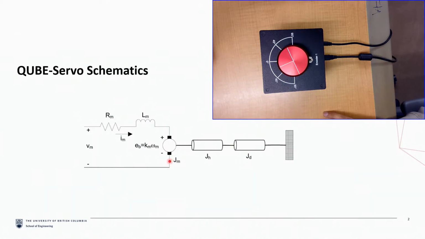On the left we have the electrical components, which represent the motor armature circuit with the current IM that drives the motor, and the back EMF voltage EB, which depends on the angular velocity of the shaft, and the back EMF constant Km. We also have three mechanical components, as you can see. We have the motor, the hub, and the disc, as I mentioned.